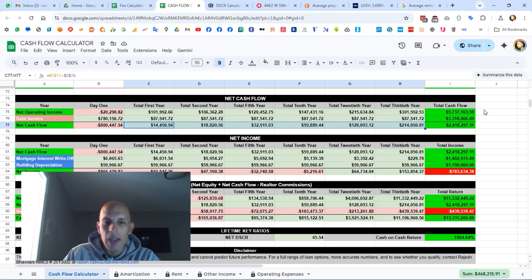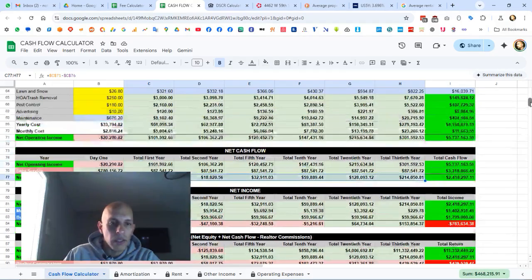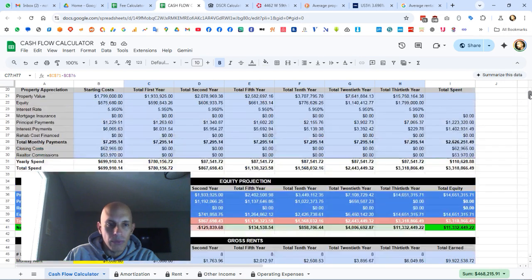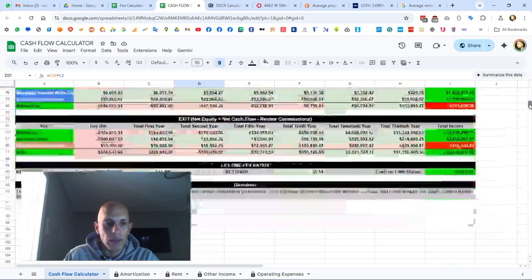In terms of cash flow, your first year you're looking at, well, let's go back here, your debt service for your first year is going to be $72.95 per month, or $87,000 per year, $87,500 per year.